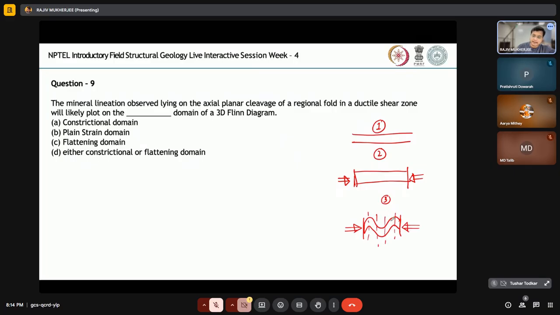And keep in mind, the lineations are on this axial plane.